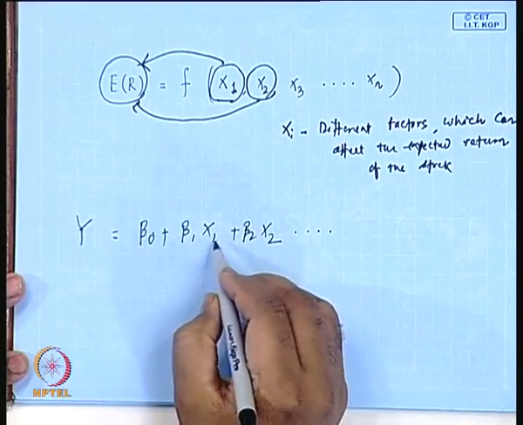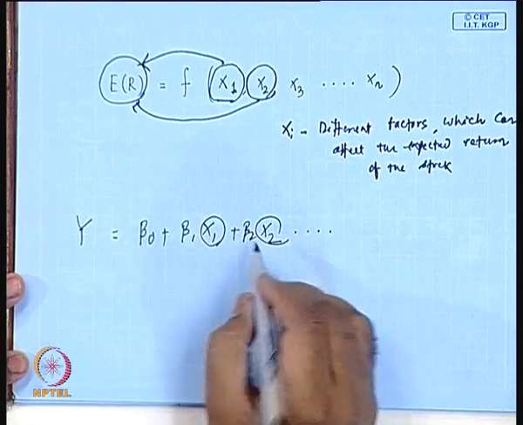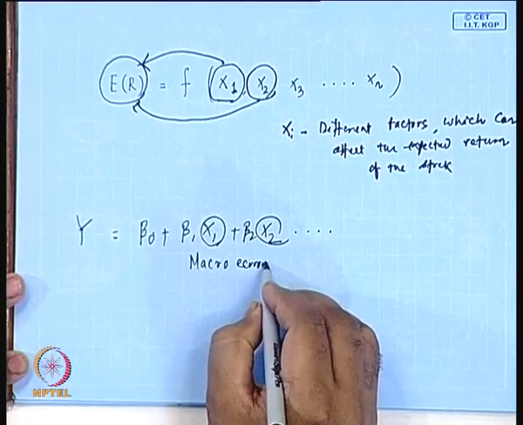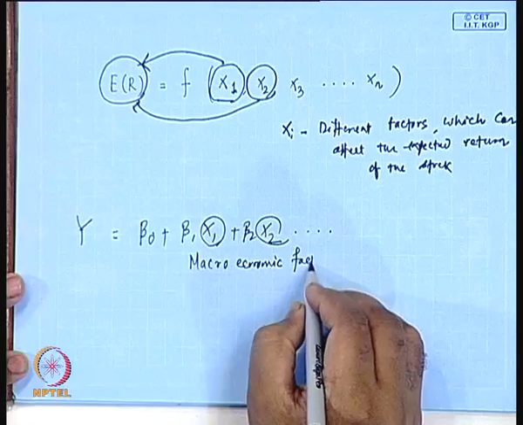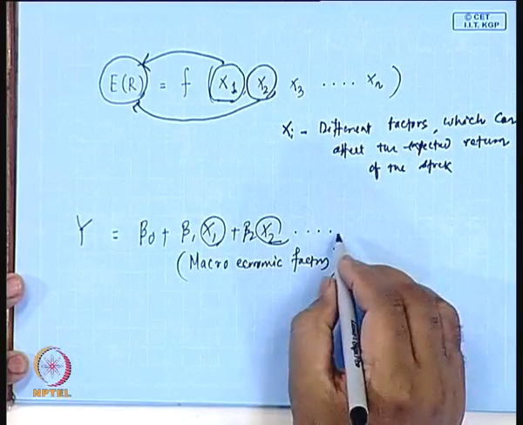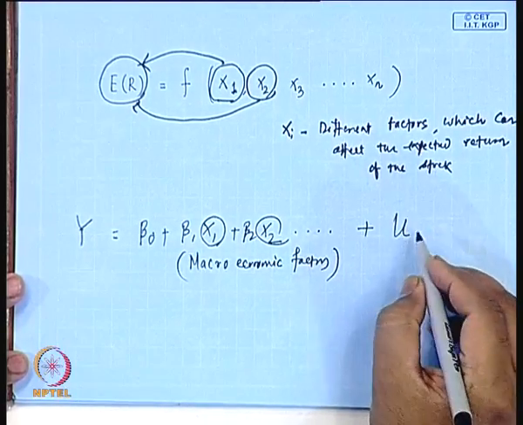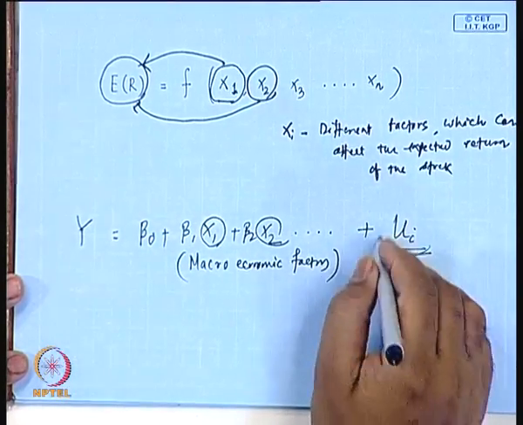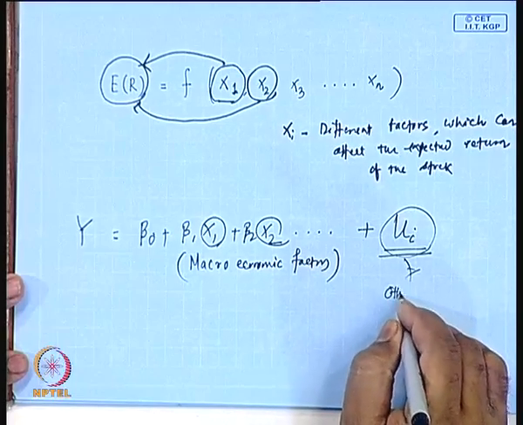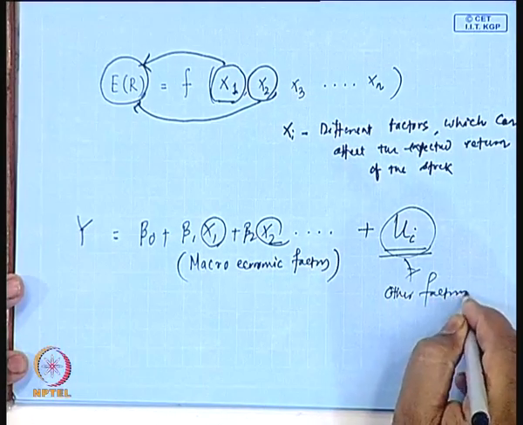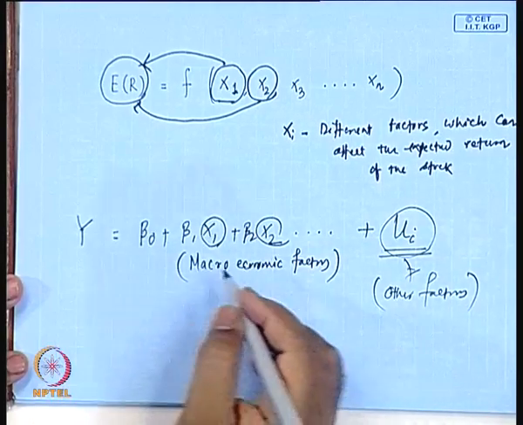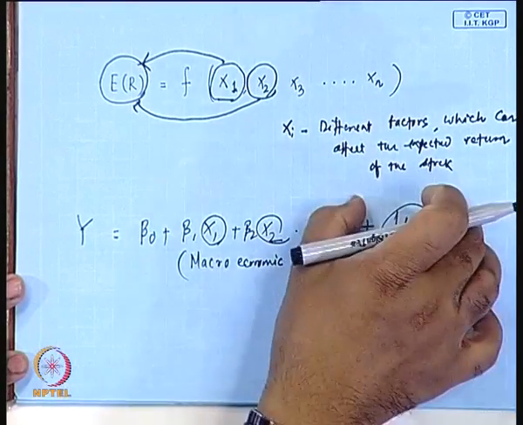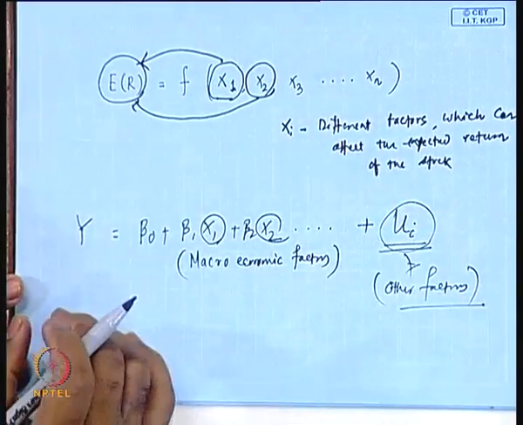These x 1, x 2 are the macroeconomic factors which can affect the stock return, and they will have an error term here; maybe this error term will capture the other factors which could have an impact on the stock return, but which are not directly incorporated into our model.